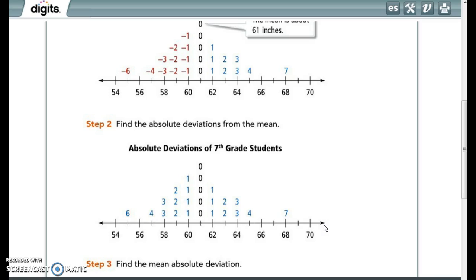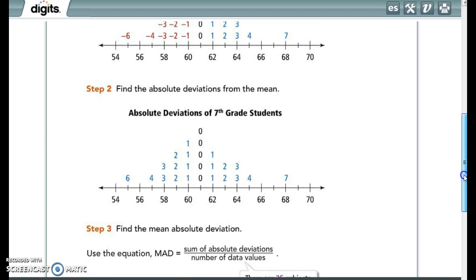So now that we have all of our absolute deviations, we are ready to find the mean. To find our mean, we have to find the sum of all of our absolute deviations. So go ahead on your own, add up all your absolute deviations to see what you get, and record your answer in the space provided.